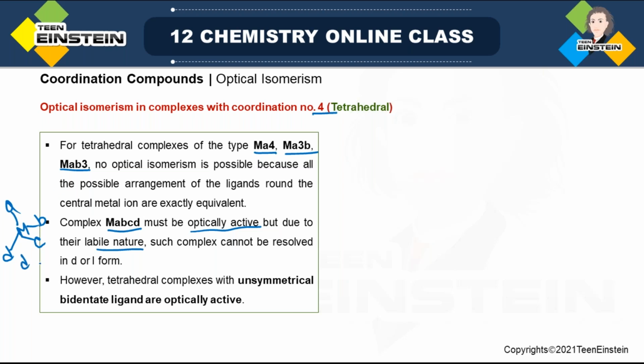So suppose this is D and there is L also. But because of their labile nature, the ligands can change their position very quickly. So D can be converted to L and L can also be converted to D.